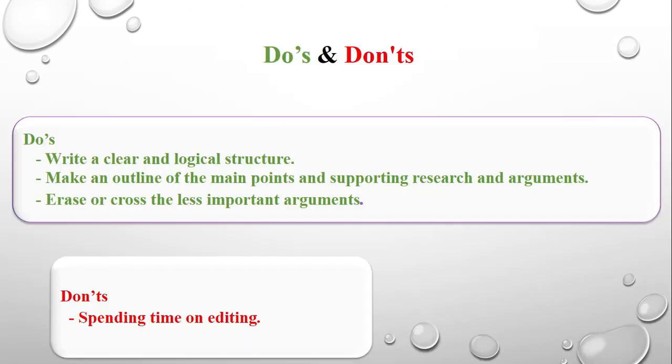In do's and don'ts, please write a clear and logical structure. Make an outline of the main points and supporting research and arguments. And please cross out the less important arguments. Please don't try to edit the other articles.